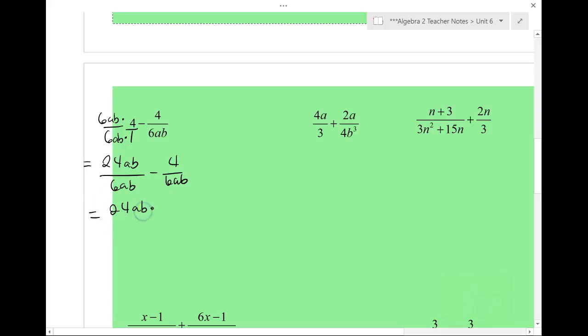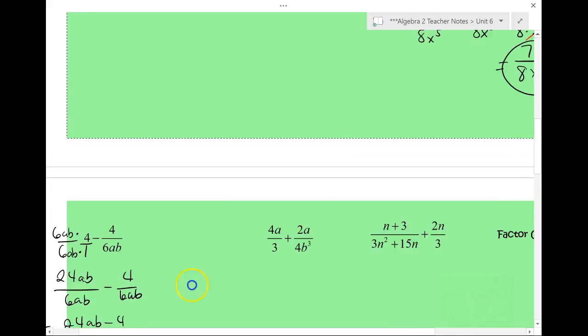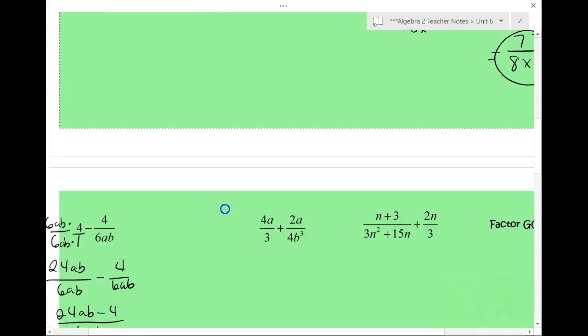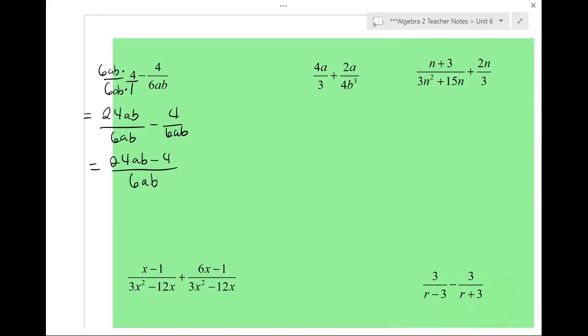24ab minus 4 over 6ab. And now what I want to do is, as it says in step 4, find a GCF, or common factor, greatest common factor, between every term in our rational. So it looks like I could probably take out a 2 from each of these numbers.